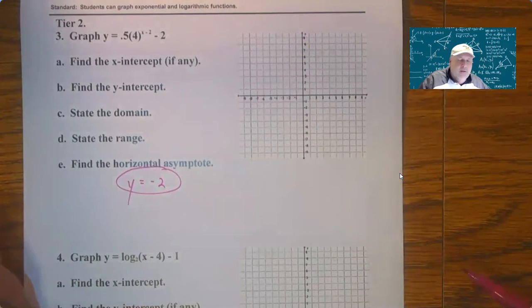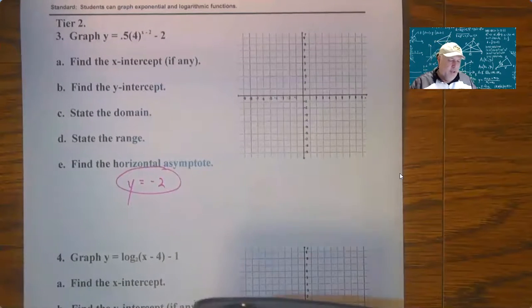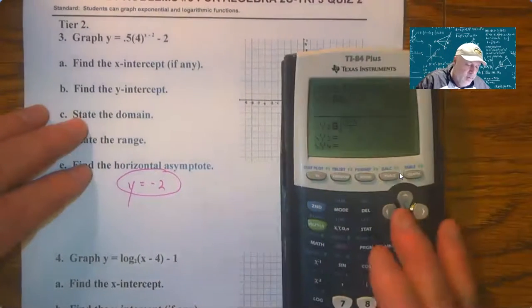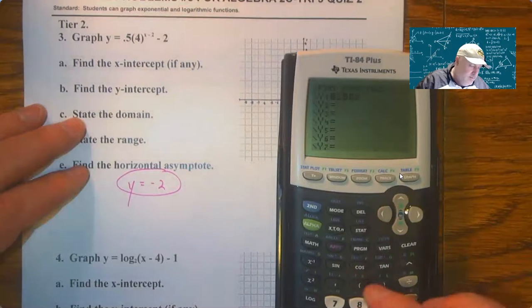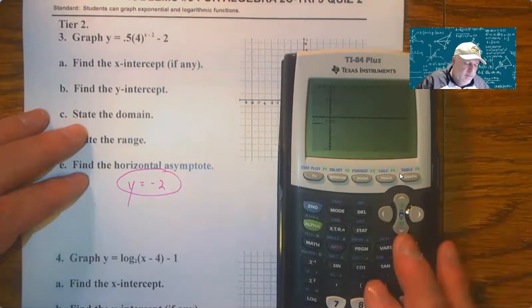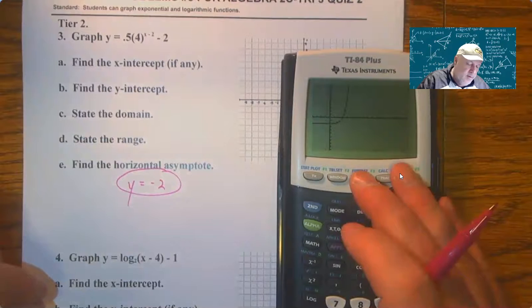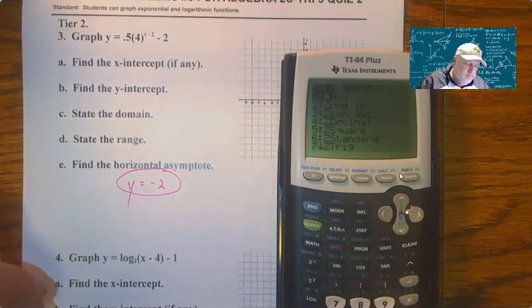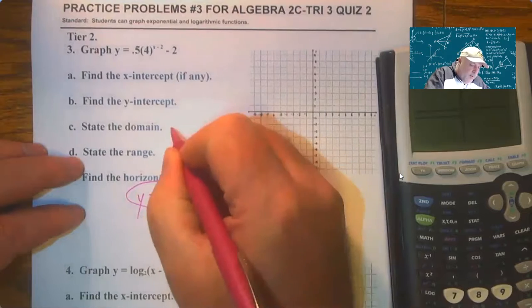Then look at the graph of this, 0.5 times 4 to the x minus 2, minus 2. The graph is sitting above -2. So this will be greater than -2, and the domain will be all reals.